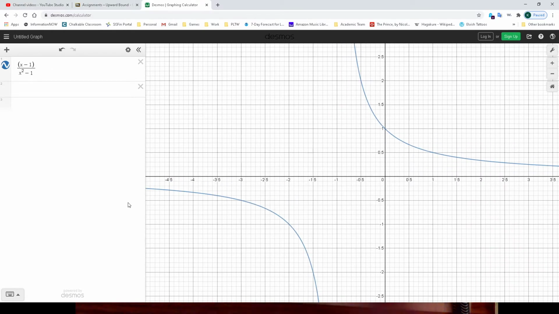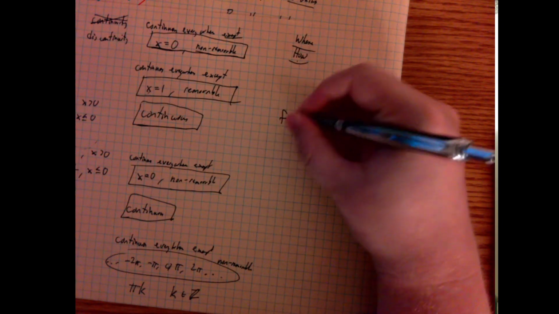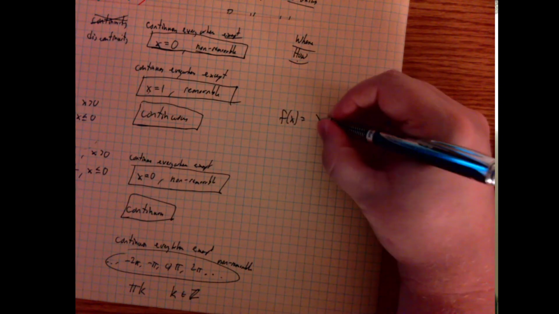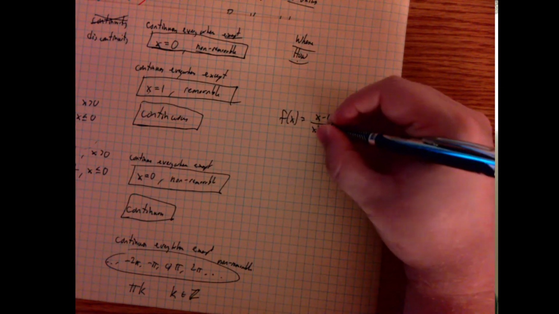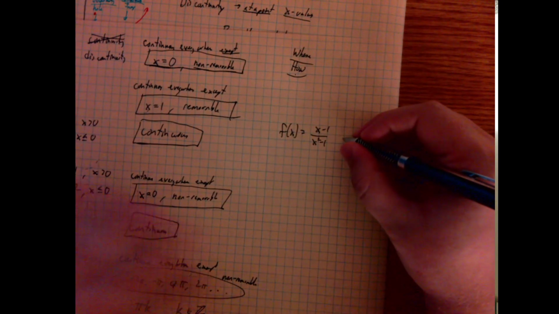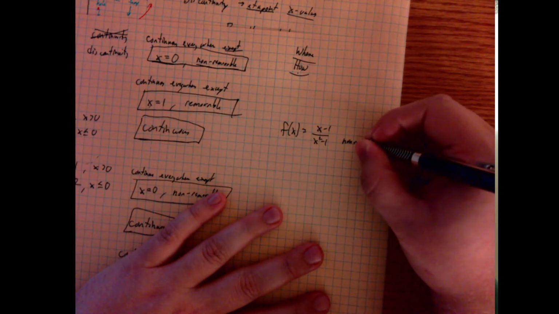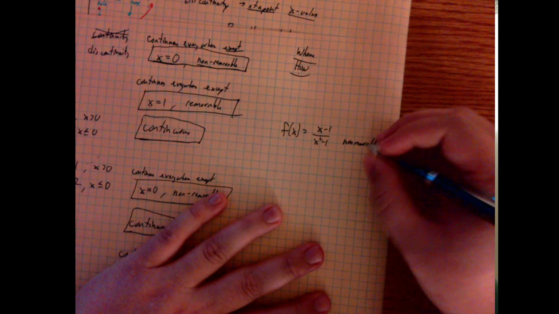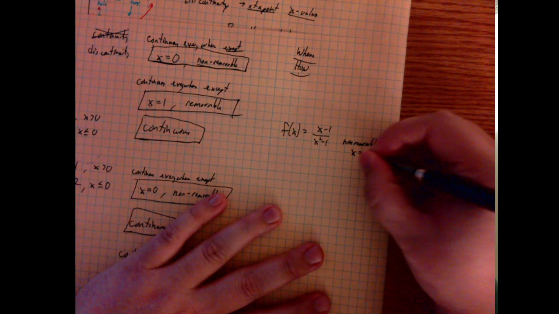So let's go to our list and make some space. If I'm using the function f of x is equal to x minus 1 over x squared minus 1, we took this function and just flipped it over. So we can see how there is non-removable discontinuity when x equals -1.